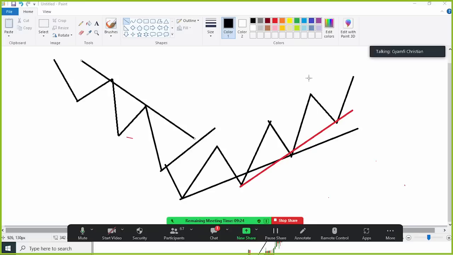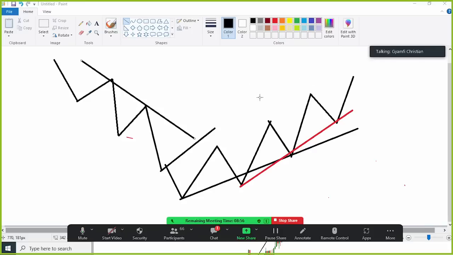If I want to explain further, anytime the market moves, the level of our support and resistance moves over time. It changes over time. So time changes the price of a support and resistance level.